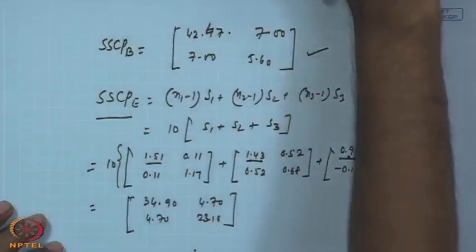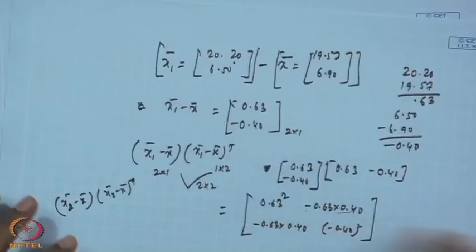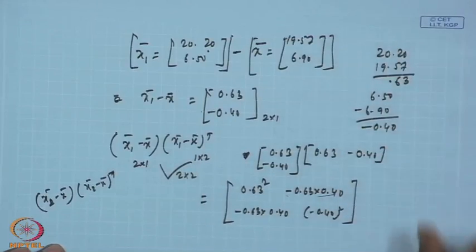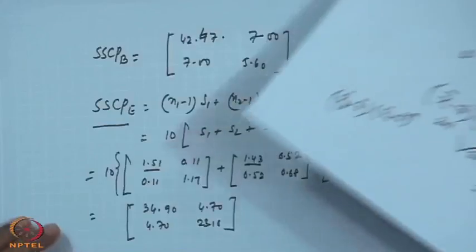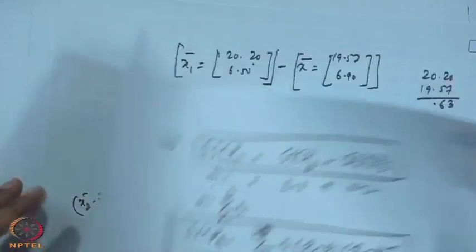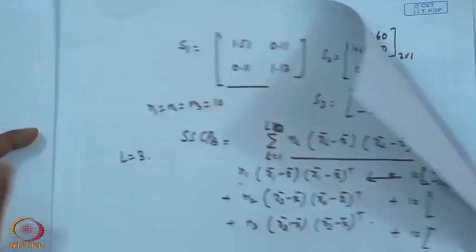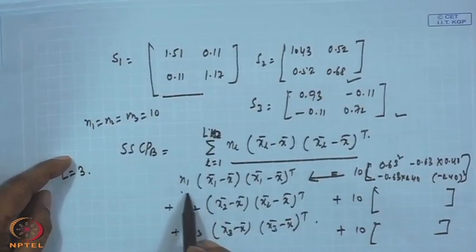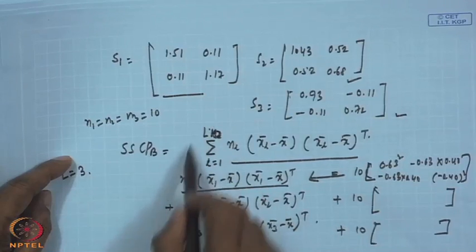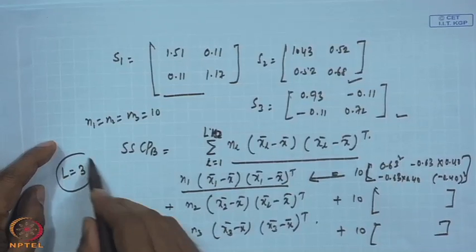Now, from the computation point of view, I have shown you one computation, because the SSCP B part, if you see, is basically a sum of three different elements. Those three elements are like this, that is n1 into this, because see, the sum total is from L equal to 1 to capital L. So, our capital L is 3.